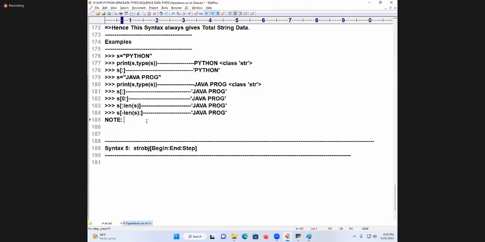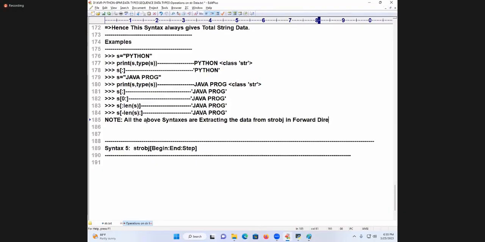Good. Now I am going to say all the above syntaxes are extracting the data from strobj in which direction?